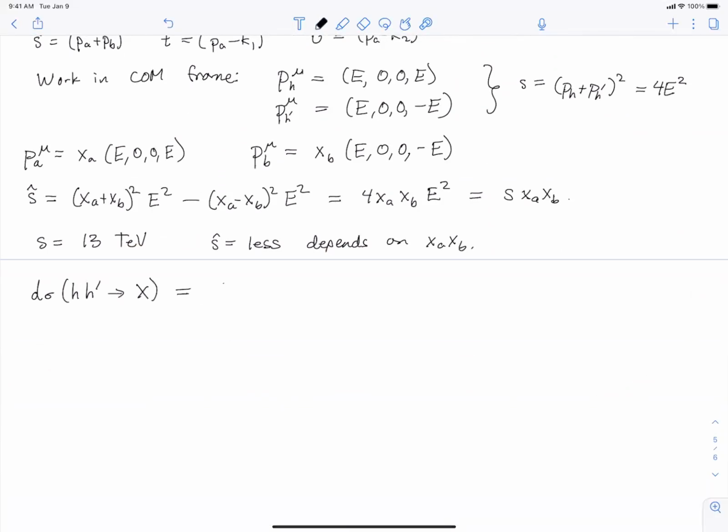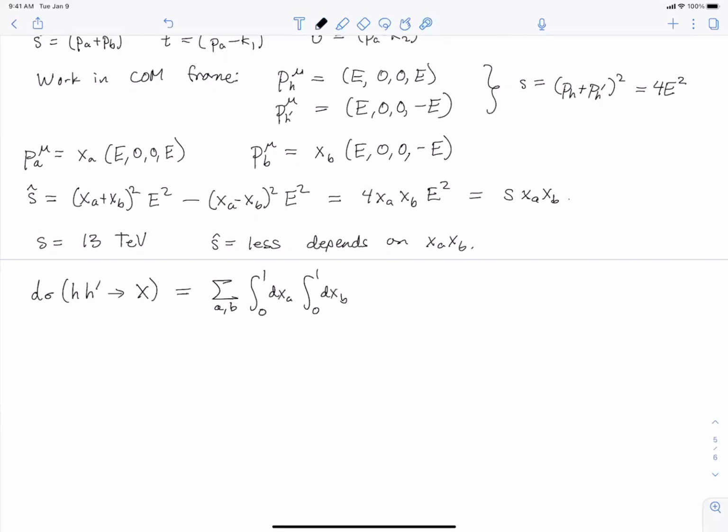First of all, you sum over all the partons that could contribute. For each one of those parton types, you integrate over all the possible momentum fractions that it could have. So I'm integrating both over x_A and x_B from 0 to 1.